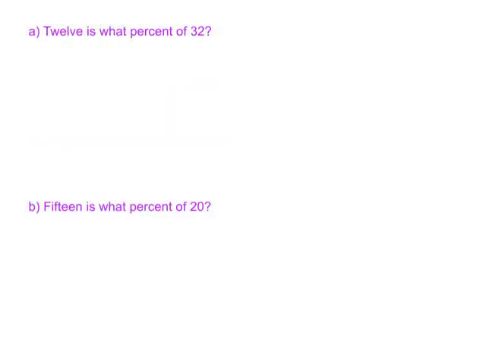So for our first example, we have 12 is what percent of 32. We need to think of what the question is actually asking us. I have a few different words in here that let me know what I'm going to set up for my proportion. Remember that my proportion needs to have the part over the whole equals the percent over 100.